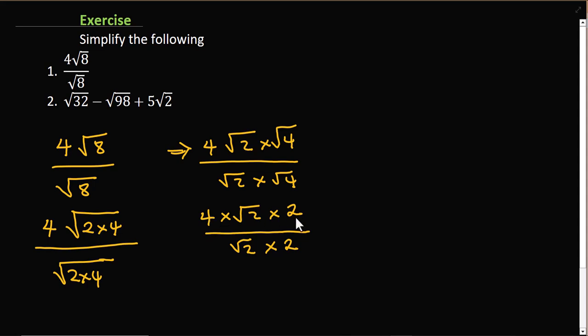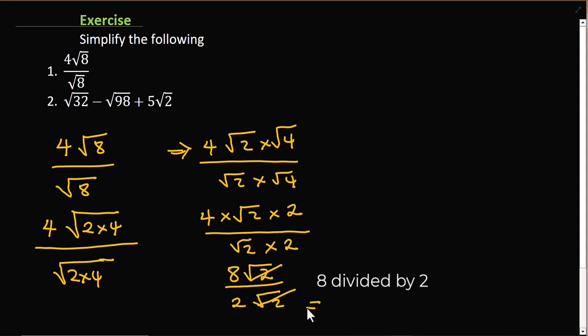Remember, 4 times 2 is 8. So we have 8 surd 2 all over 2 surd 2. So from these very points, what's the next thing to do? You can cancel out the surds since we have them on both the numerator and denominator. So the surds cancel out, and 8 divided by 2 gives us a whole number of just 4. And that's simple. We are done with that.